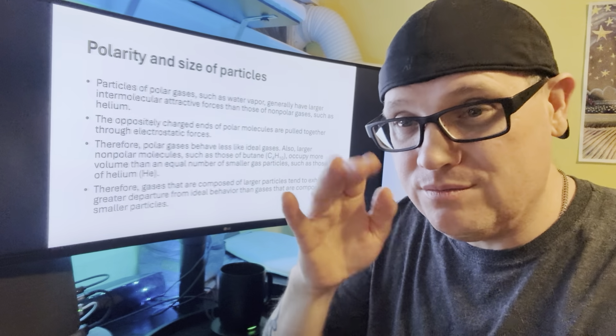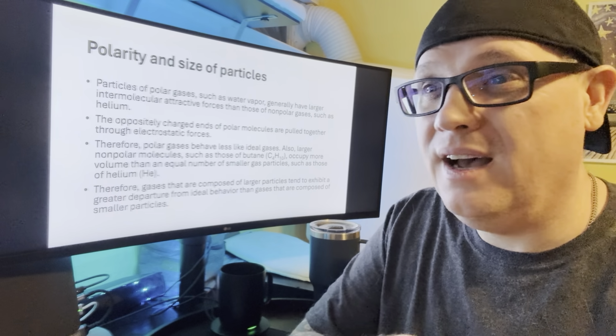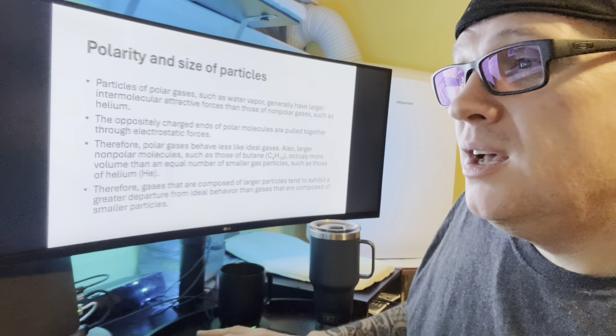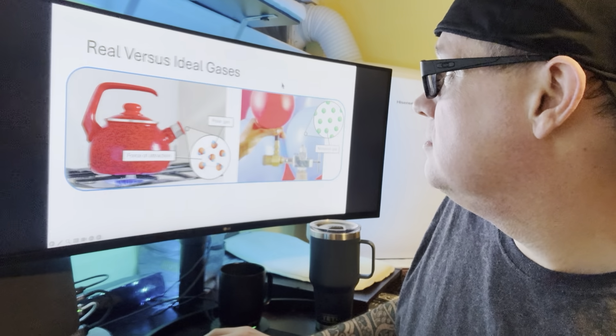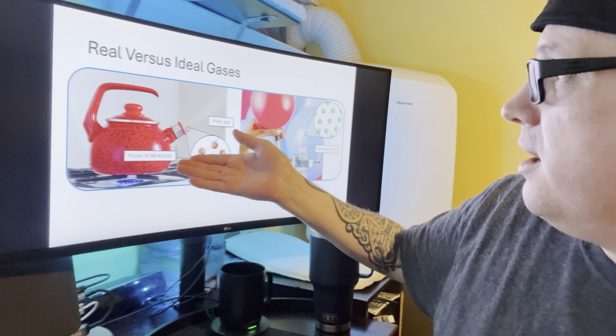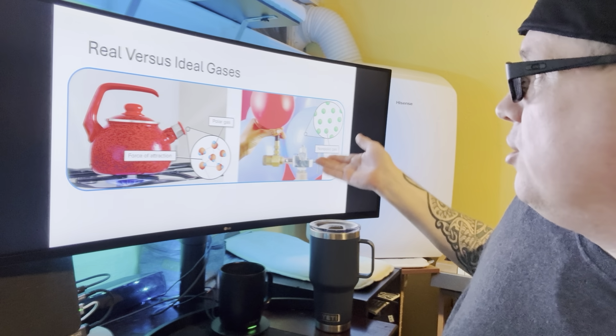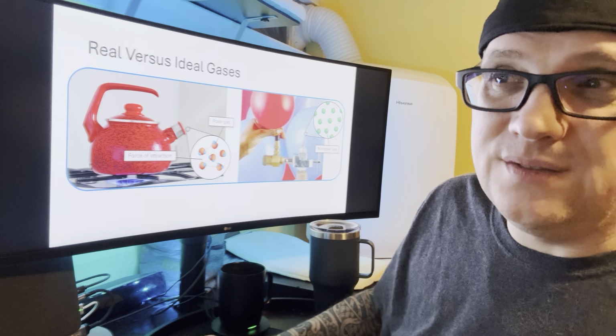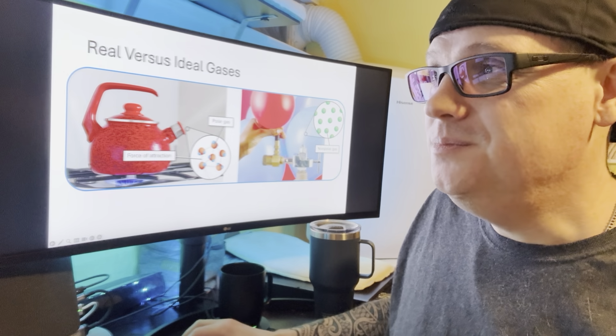Helium, of course, is just one particle, so it's really good to use for this. Then there's size of particles. Here you've got water and steam, and then a non-polar gas, like helium inside a balloon. They're going to do different things in different gas states. It's going to act a little different.